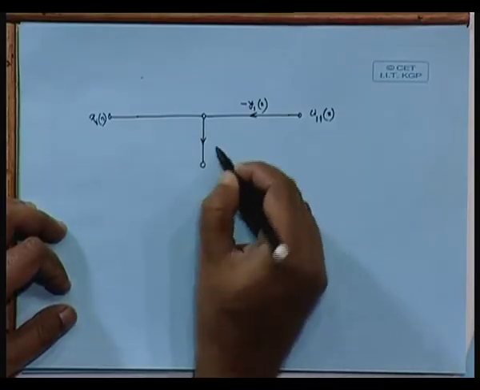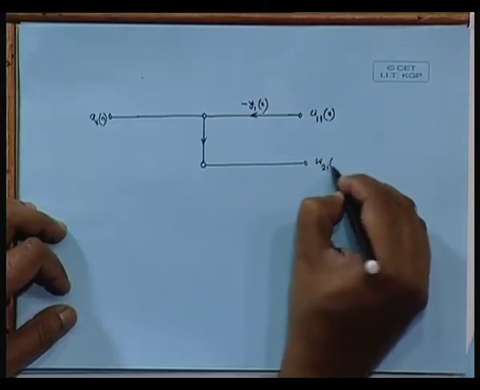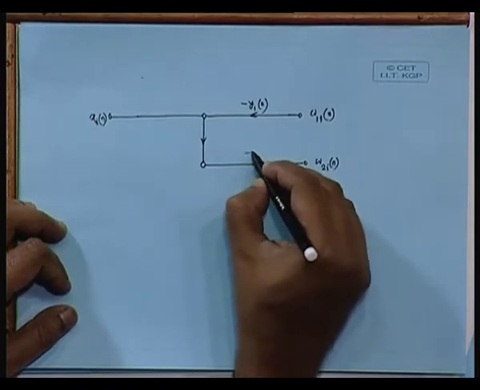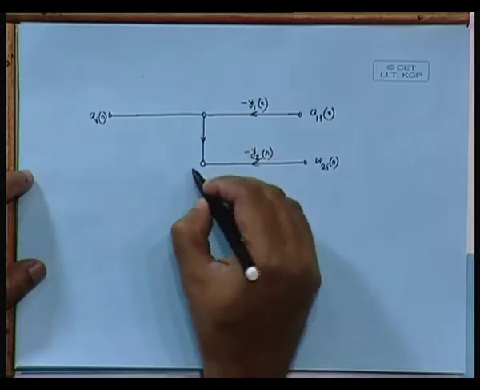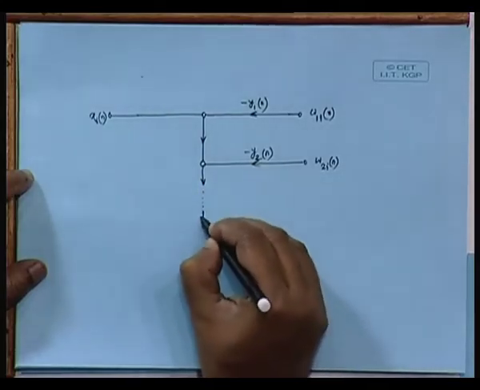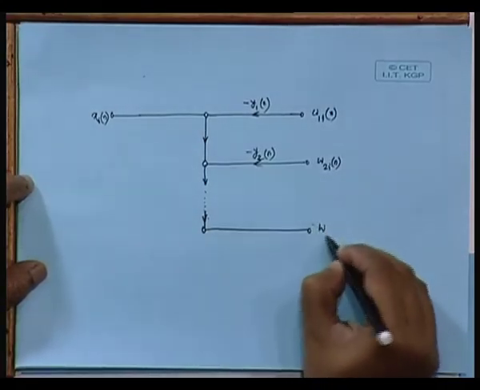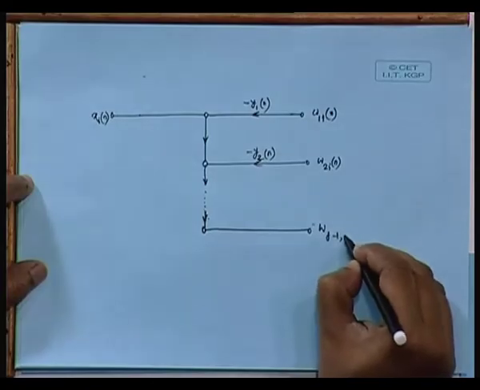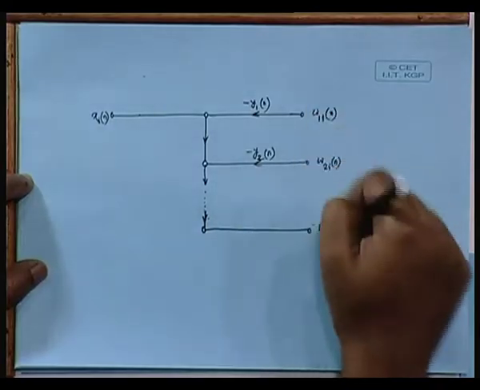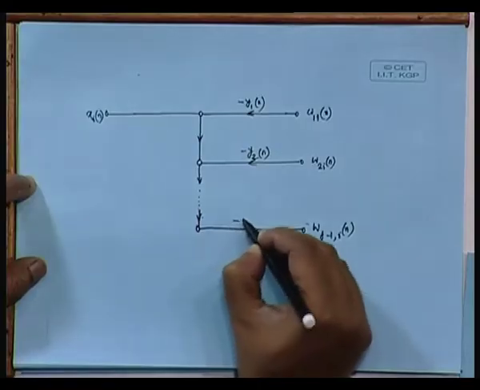From that result we subtract w2i(n), multiplied by minus y2(n). For the other inputs it continues like this, up to w(j minus 1),i(n). So, all the j minus 1 earlier neurons' responses we are considering together.